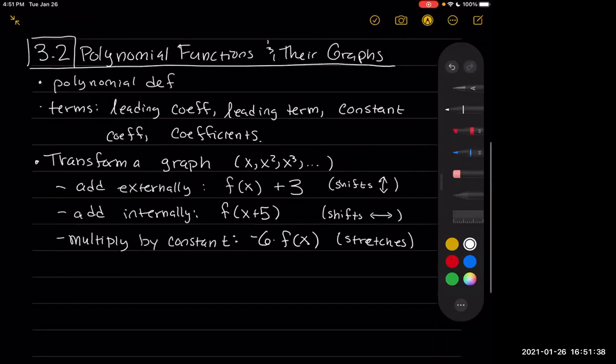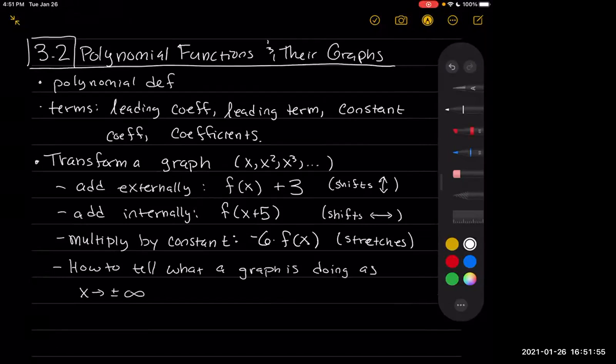We also learned how to tell what a graph is doing as x approaches positive or negative infinity. So this is when we learned the different behaviors when it is even or odd. Okay, and remember, an even polynomial is something like this, where you have an x to an even power times another number.